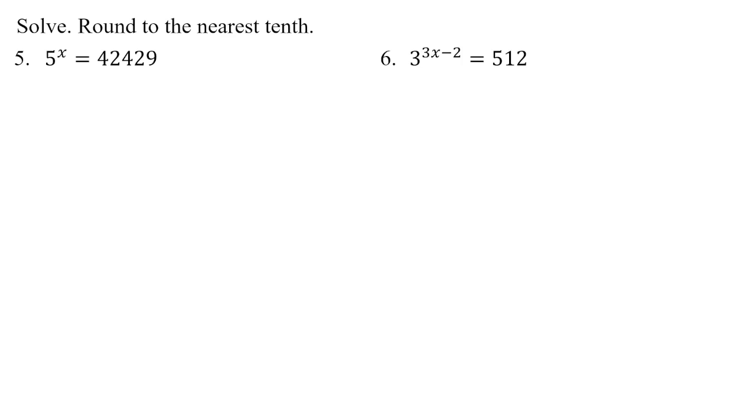All right, so let's say we have 5 to the x power equal 42,429. So what we're going to do is we're going to rewrite this in logarithmic form. Therefore, x equal log base 5 of 42,429.